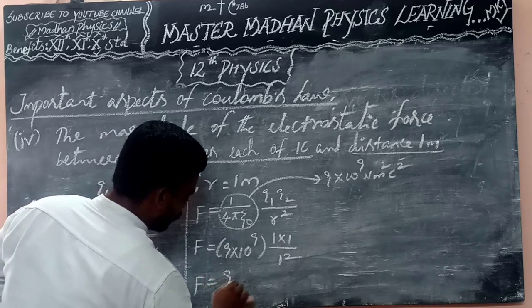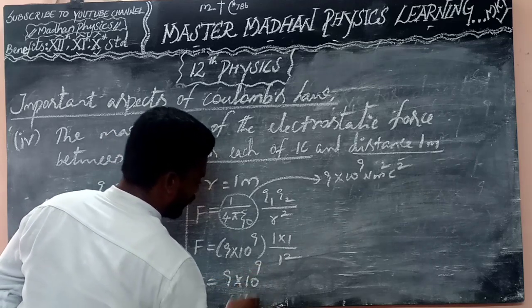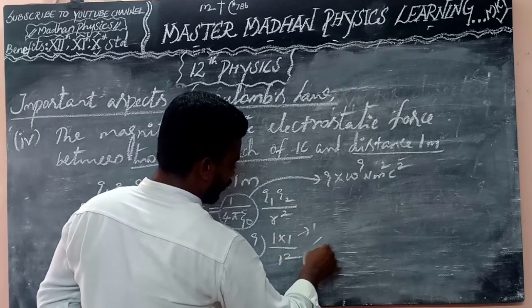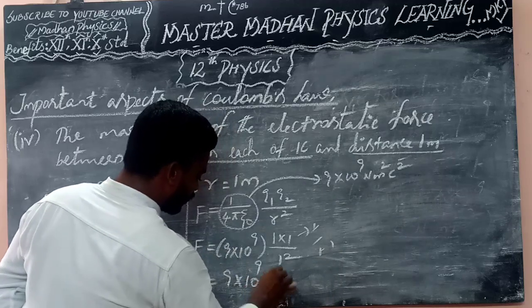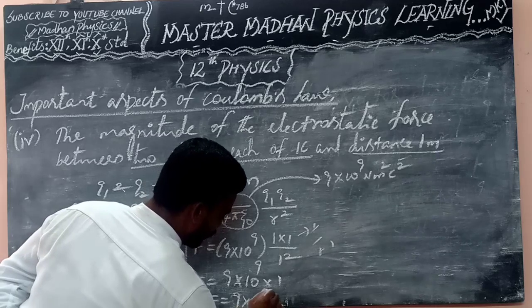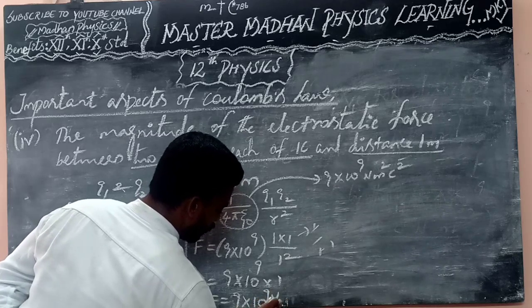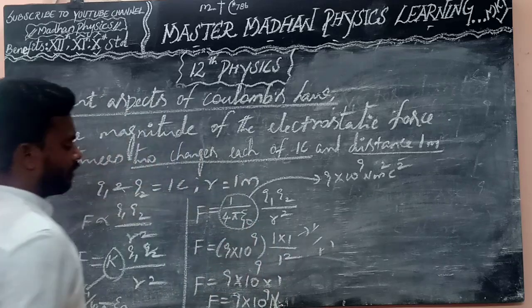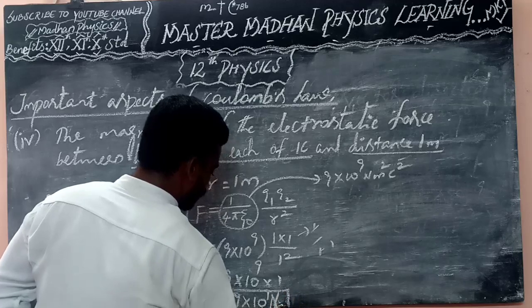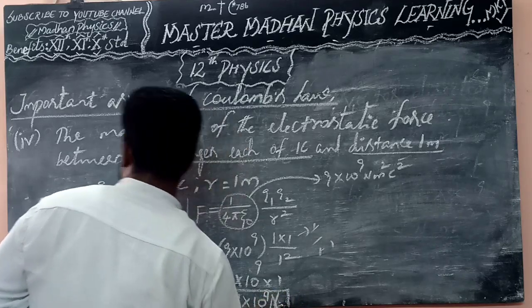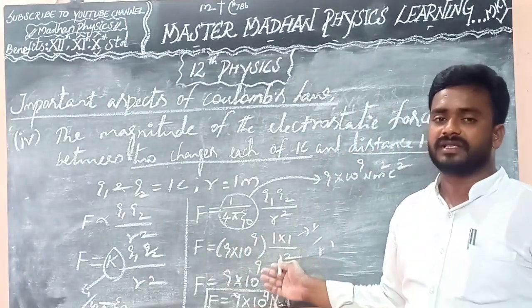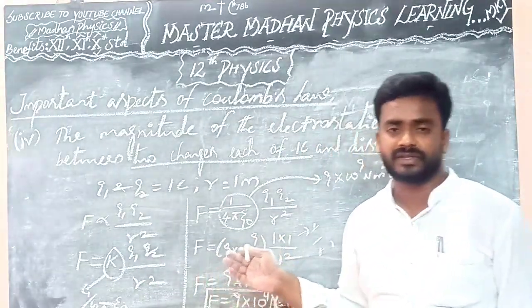So F is equal to 9 into 10 power 9 Newton. Okay, this is point number 4.